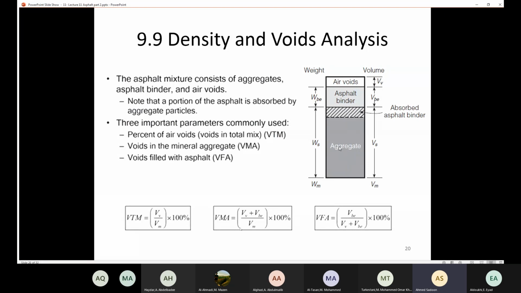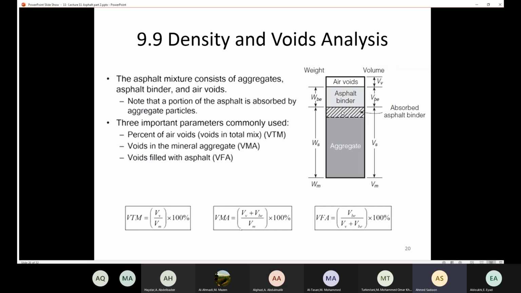So when I mix the aggregate with the asphalt, some of the asphalt binder is going to be absorbed by the aggregate. And of course, we have air voids. We put this like that so that we can understand the analysis. But in reality, all of this is going to be mixed together, right? I'm not going to find the air voids alone and the asphalt alone and the absorbed asphalt alone and the aggregate alone.